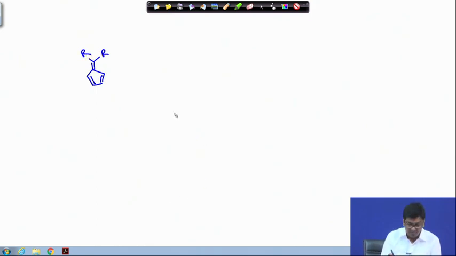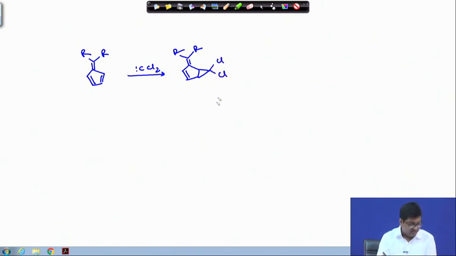Now, if we treat this one with dichlorocarbene, that will give this cyclopropane-containing substrate, and if it stays longer at minus 10 degrees centigrade in the presence of excess dichlorocarbene, then this olefin will also react.